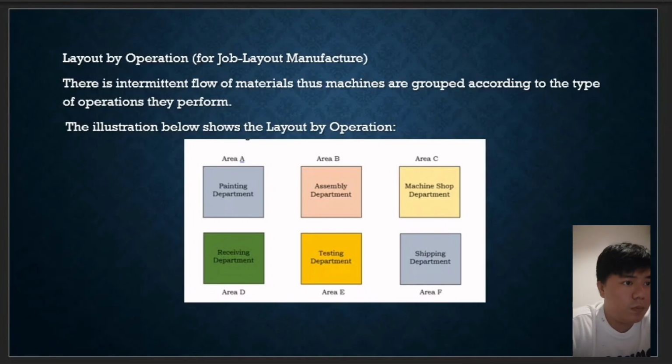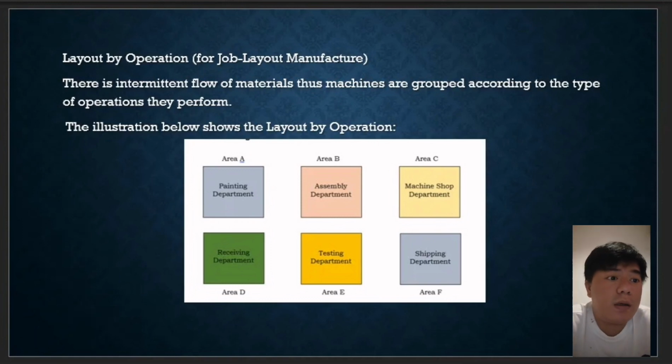So we have here layout by operation, or job layout manufacture. There is intermittent flow of materials. Those machines are grouped according to the type of operation they perform. So here we have an illustration of layout by operation.